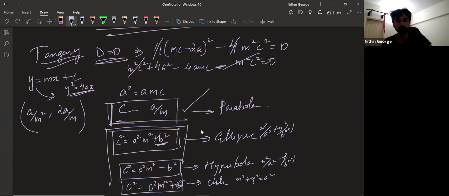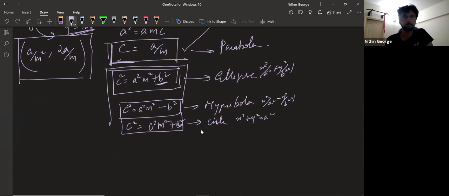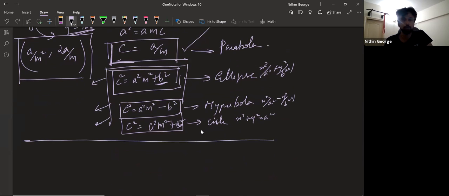Okay, now the point of contact is obtained as a by m square, 2a by m. Similarly, you can get the point of contact for the ellipse, for the hyperbola, and for the circle. I wouldn't suggest you remember all that. For that, I would like you to use the point form of tangent.